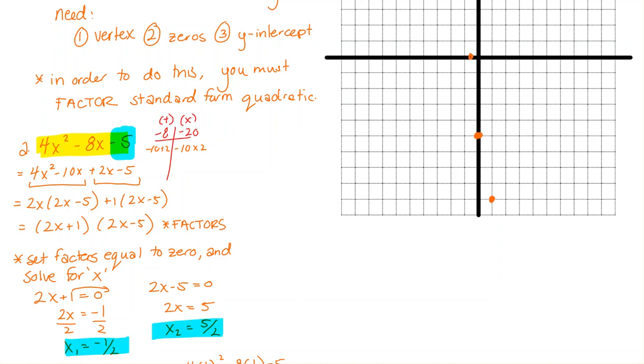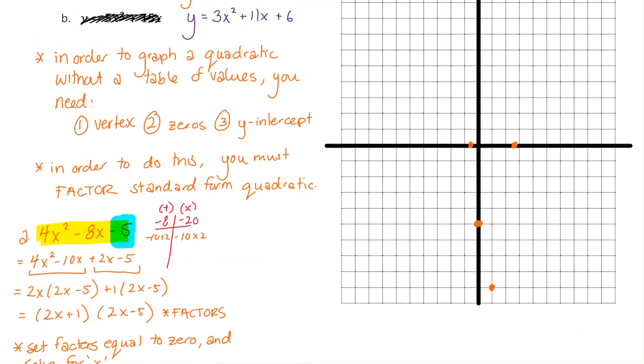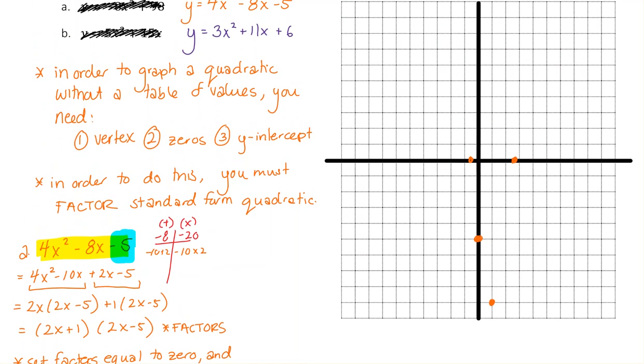And 5/2 is 2.5, which would be right here. What you want to do is, now that you have enough points and you can kind of see the outline of a quadratic, draw some sort of smooth curve. So do your best to do this. It shouldn't be done with a ruler because it's a curve, not a straight line. Okay, I'm going to do my best to do this on my tablet.